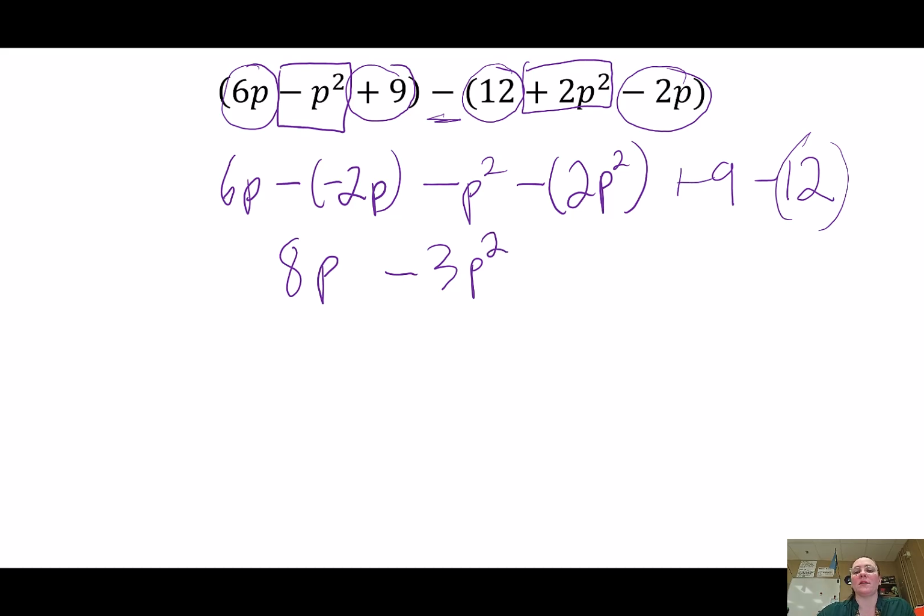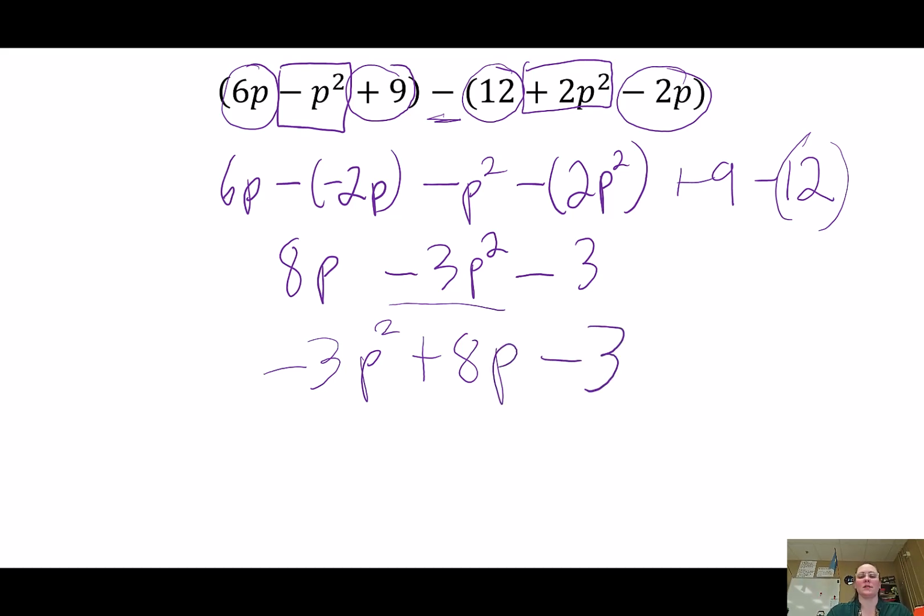And 9 minus 12 gives me negative 3. So not standard form, my largest exponent is the squared, so we'd get negative 3p squared plus 8p would be my next term, and then of course constant last.